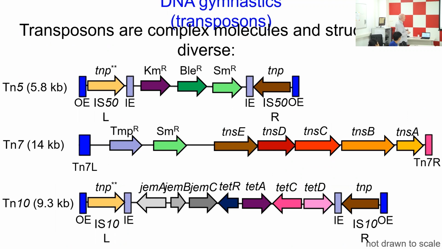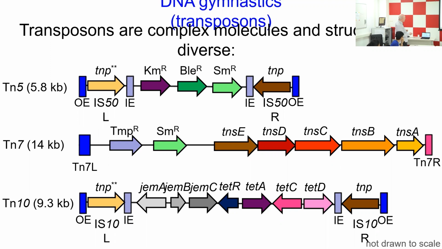But there are two other transposons that are quite handy in synthetic biology and in general in genetic engineering of bacteria. One of them is the so-called Tn10 that originally delivers resistance to tetracycline. The structure is very similar to Tn5, so you also have insertion sequences, in this case insertion sequence 10.